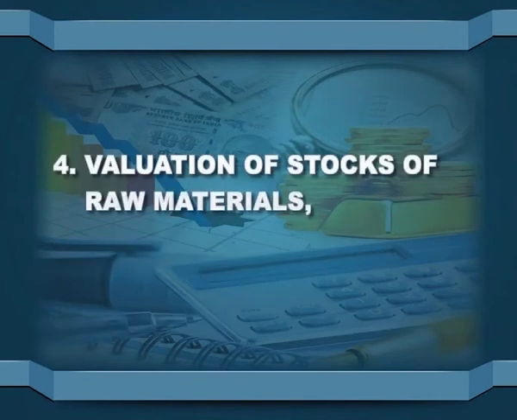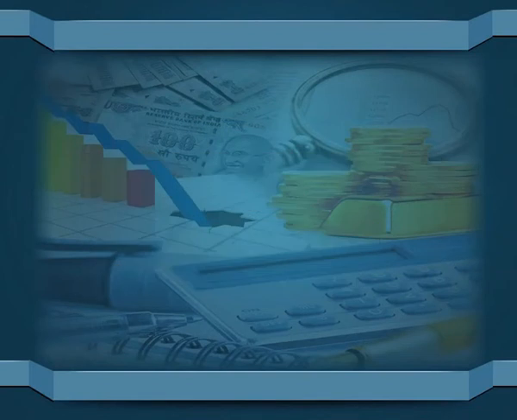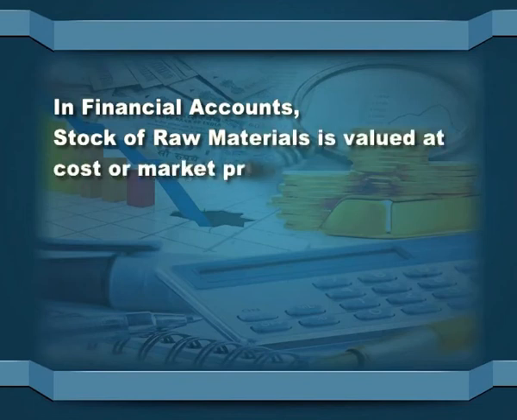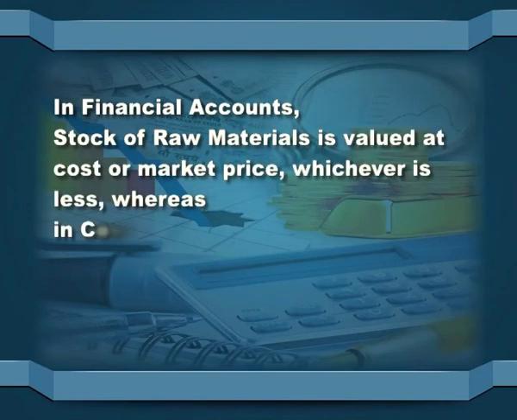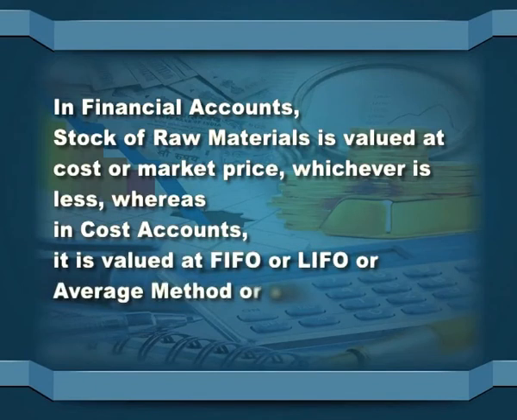Number 4. Valuation of stocks of raw materials, finished goods and work in progress. In financial accounts, stock of raw materials is valued at cost or market price, whichever is less, whereas in cost accounts it is valued at FIFO or LIFO or average method or any other method.